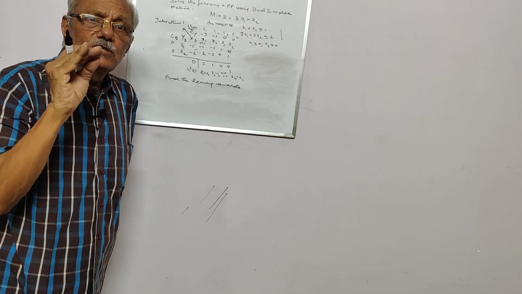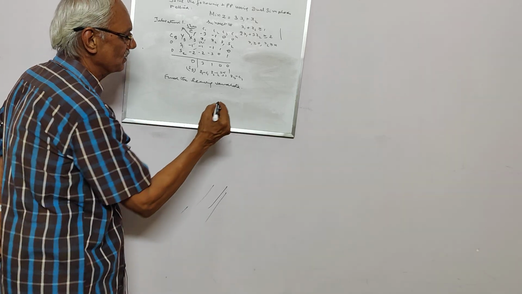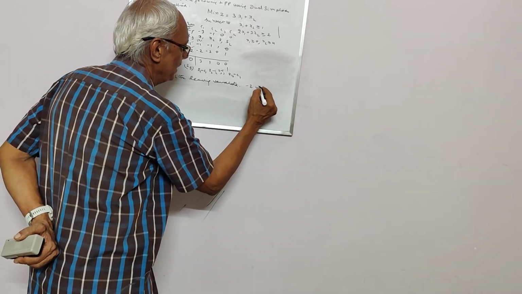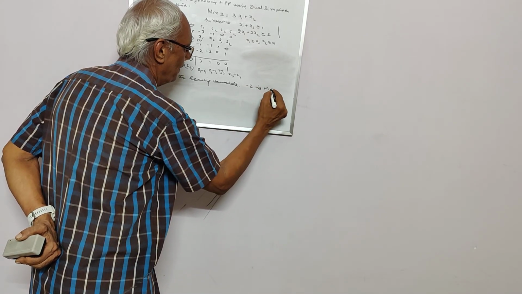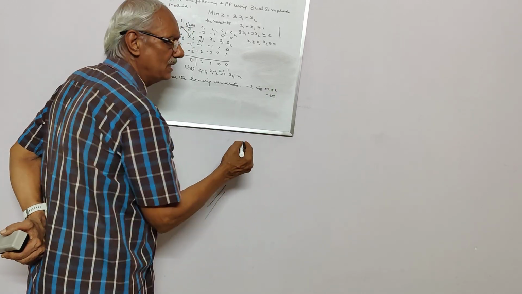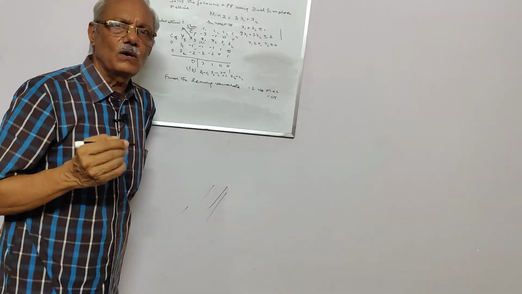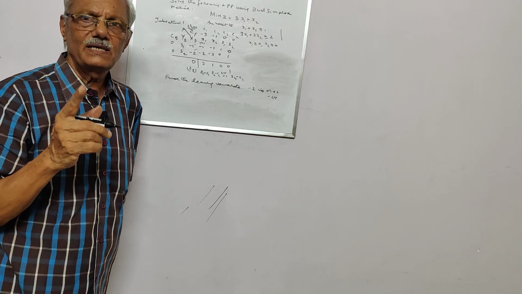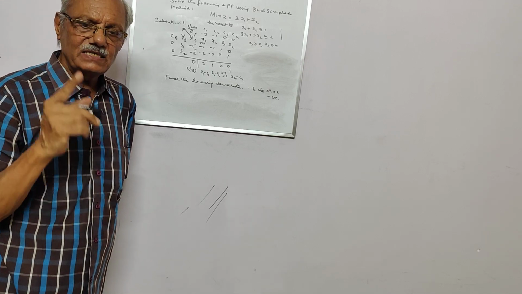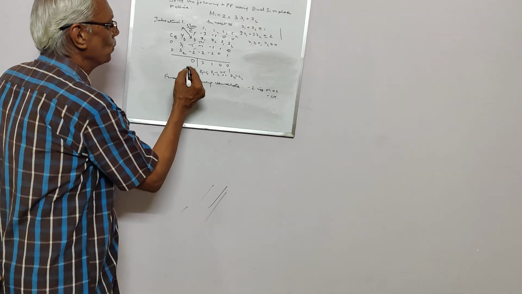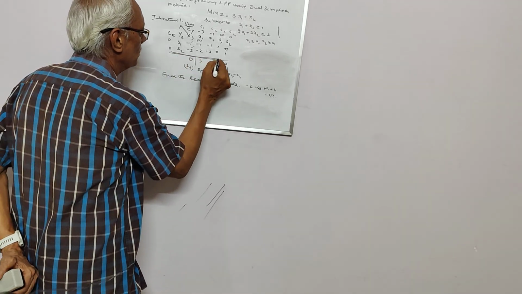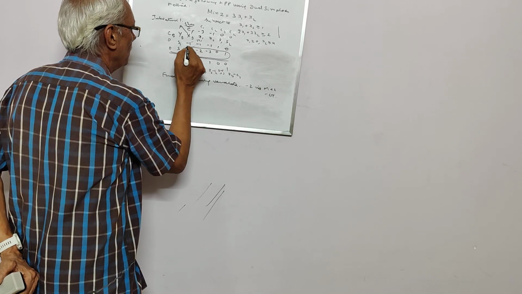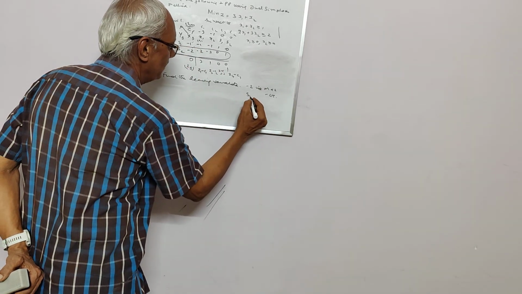I say that minus 2 is the maximum negative. It is not by value: minus 1 is greater than minus 2, but maximum negative means minus 2. So you choose that row. So S2 is leaving.